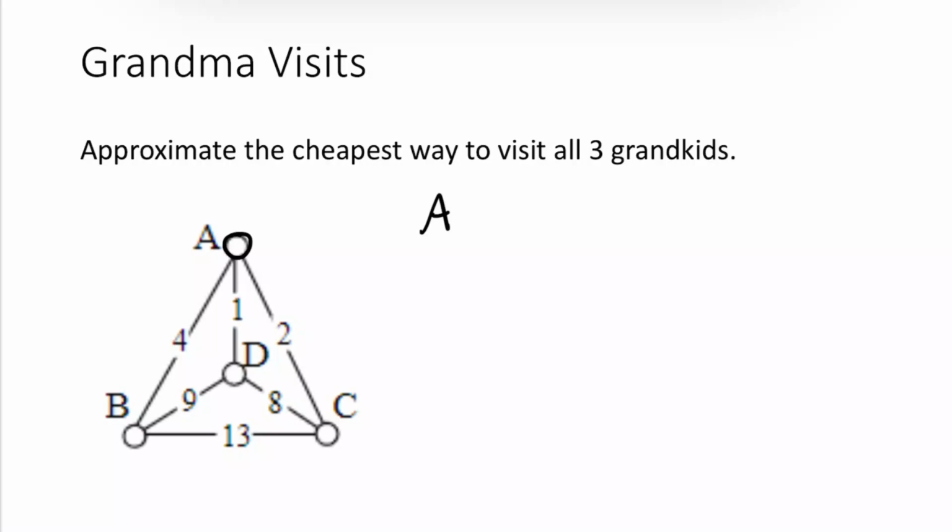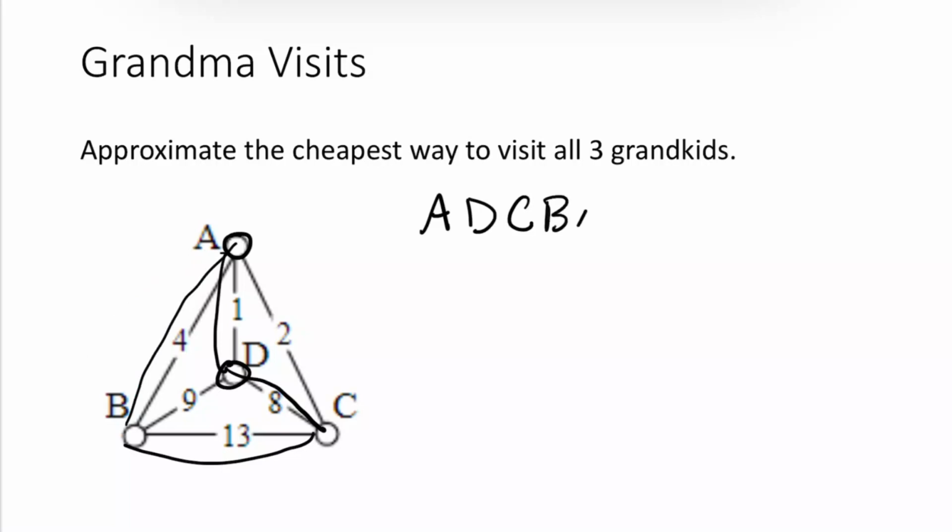And so I'll go from A to D, and then from D, I can either go to B or to C, and it looks like C is the cheapest one. So I'll go from A to D to C, and then I have to go to B because Hamiltonian circuits visit each vertex exactly once, and then I have to go back to A to close up my circuit. So I would go A, D, C, B, and then A.